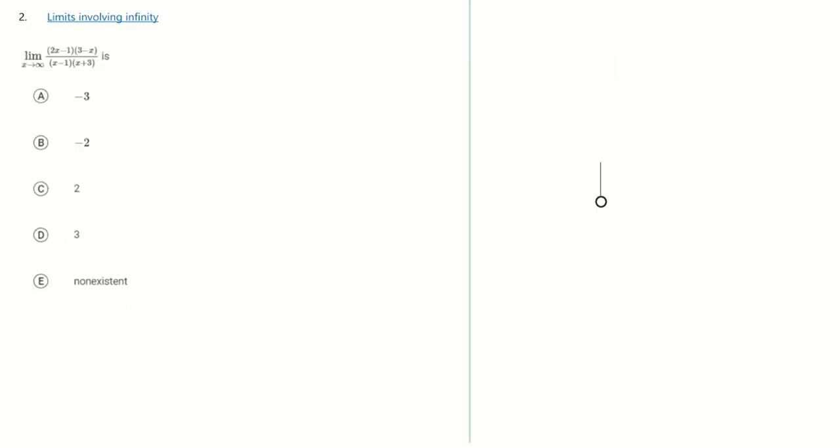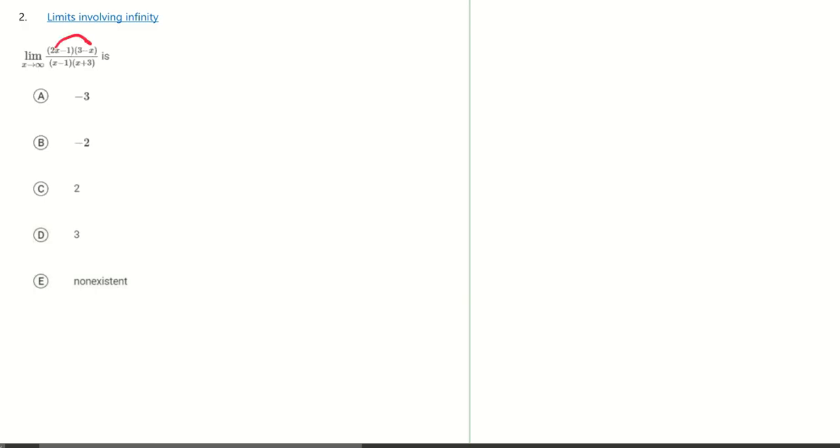All right, now we're going to talk about some limits with infinity. I'm seeing it's degree 2 on top and degree 2 on bottom, so I know that I would be dividing the ratio of the leading coefficients. But this is factored. So what I would need to do is think about what would happen if I distributed the 2x times negative x.